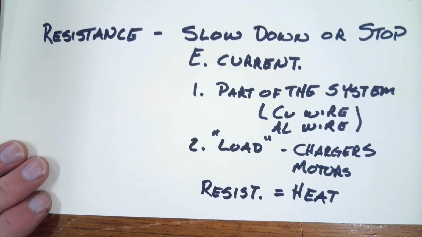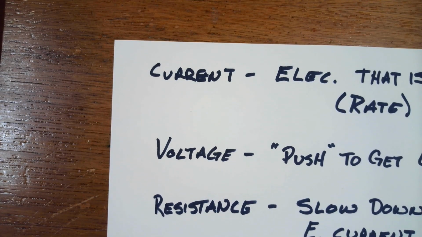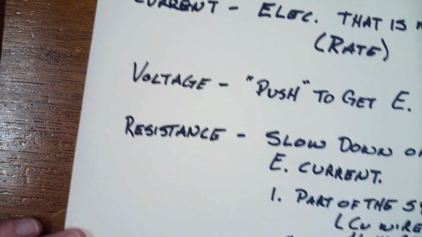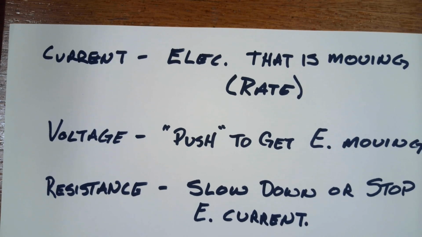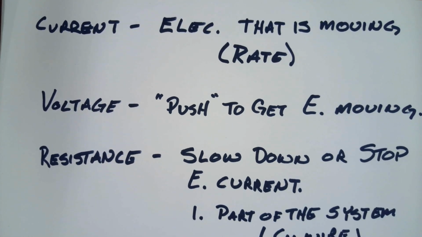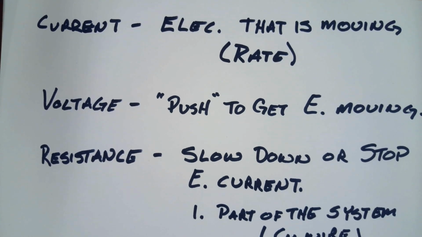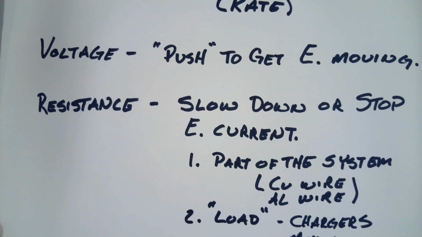Okay? So, current, voltage, resistance. Current is moving electricity, and we give it a rate, so it's speed. We have a push to get the electrons moving, that's voltage. And then in any system, there is going to be a resistance to that electrical flow.